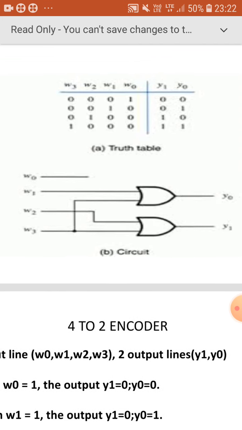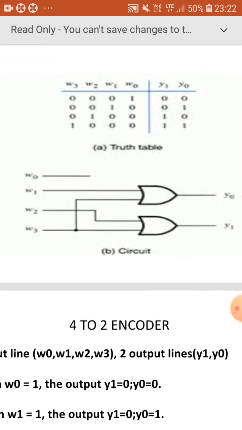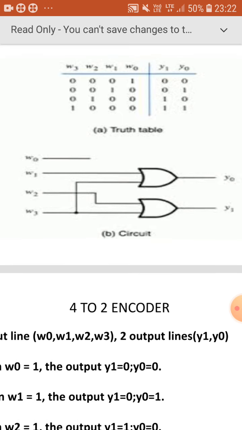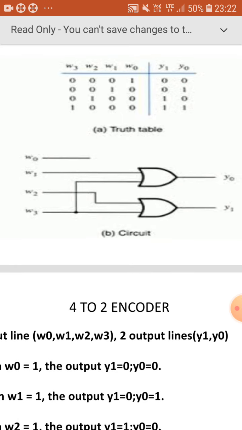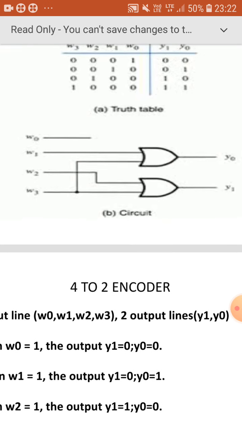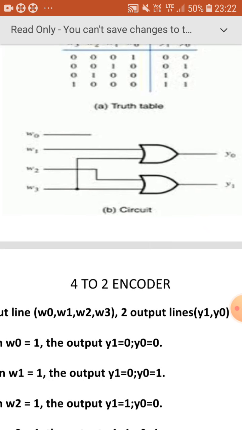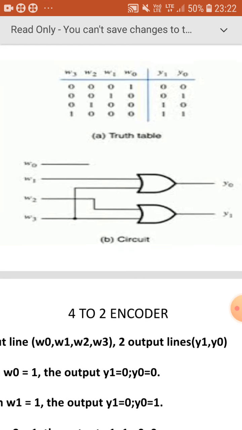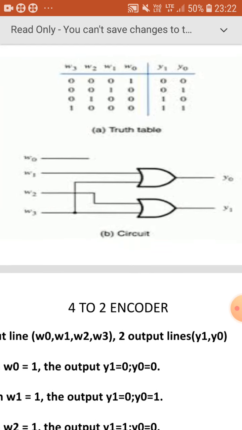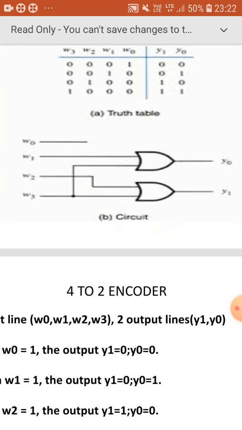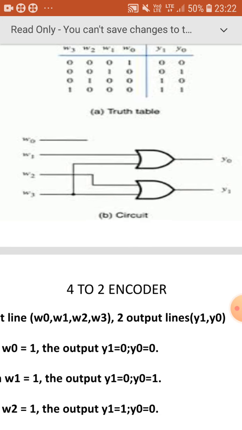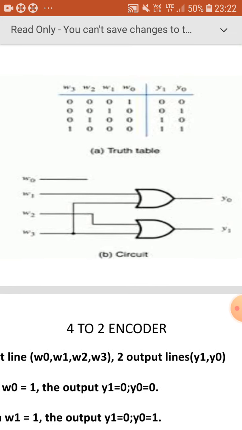So in the first OR gate, W1 and W3 are connected. In the second OR gate, W2 and W3 are connected. So Y0 is W1 or W3. Y1 is equal to W2 or W3.